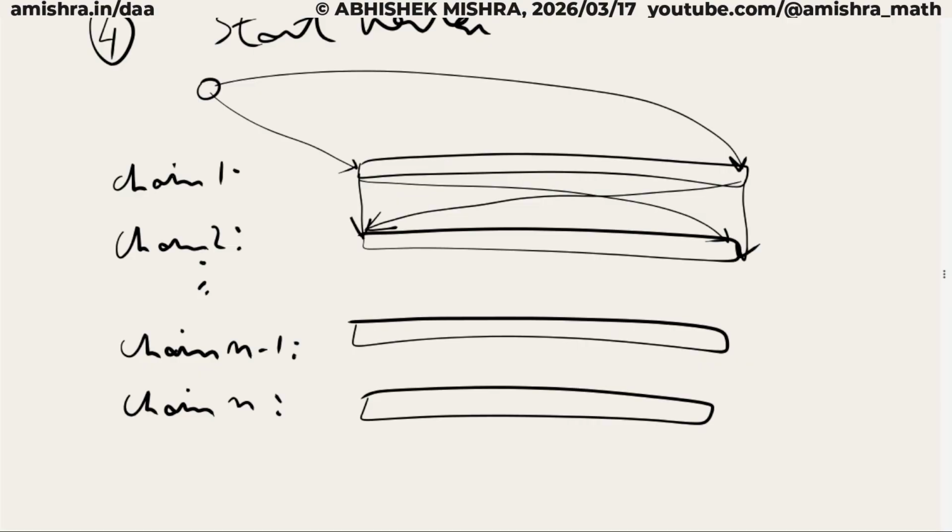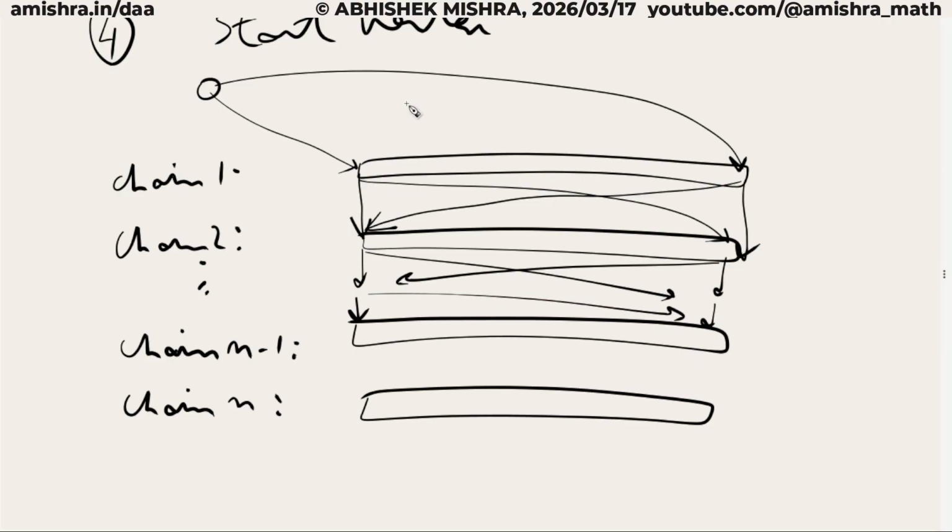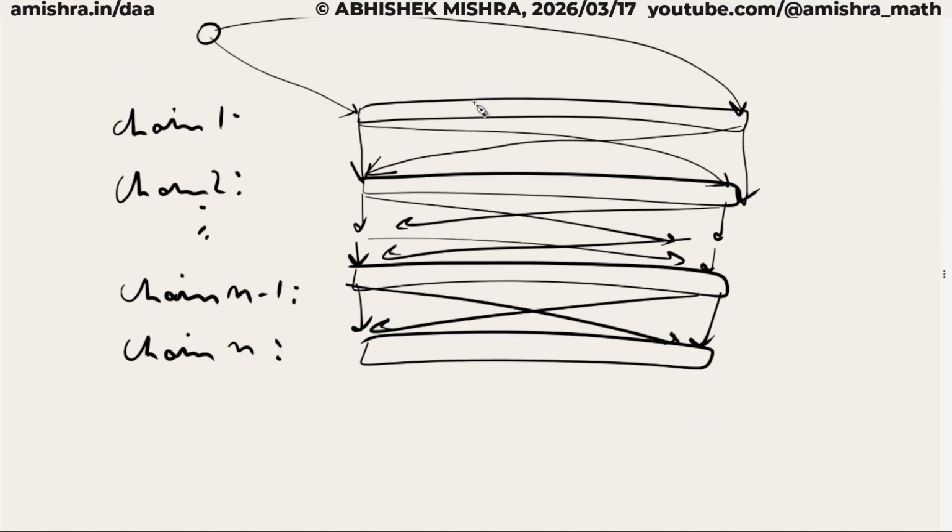This way we make it for all, continue like this, and so on. Similarly from the first vertex of chain n to the end vertex, and also from the last vertex of chain n to the end vertex.